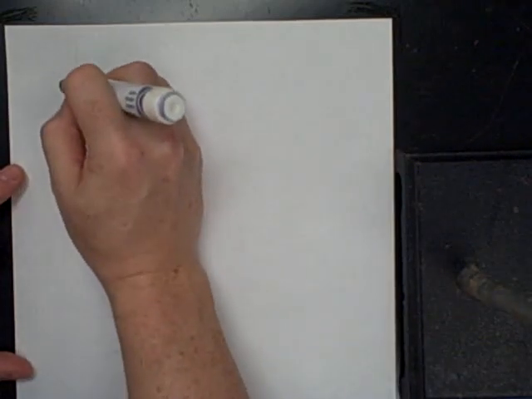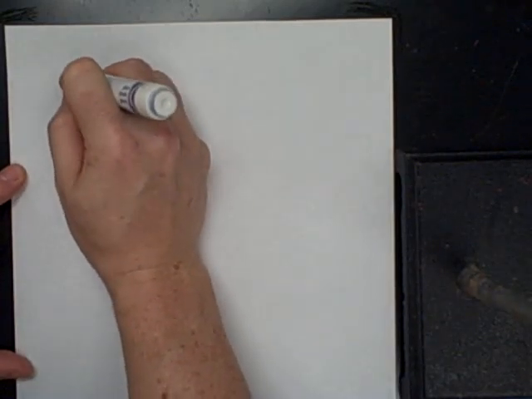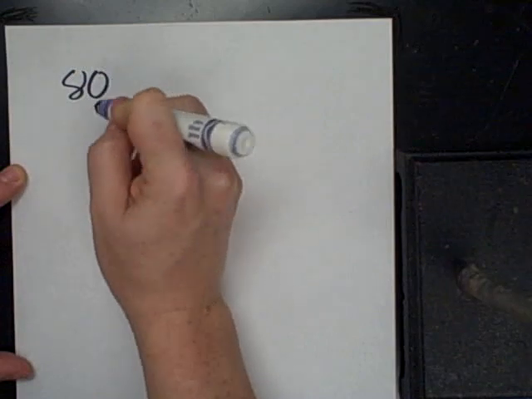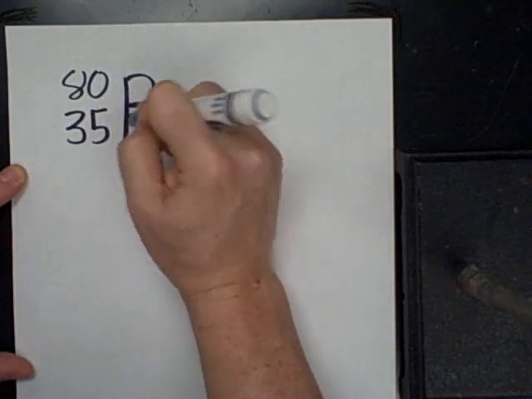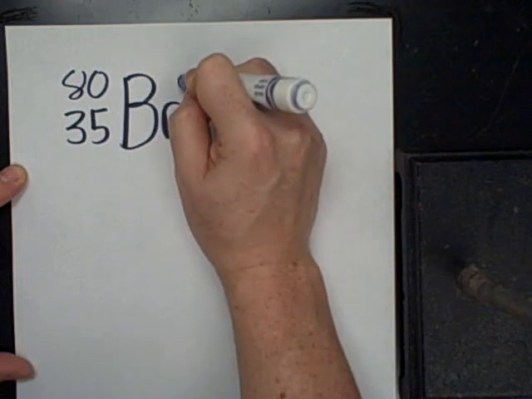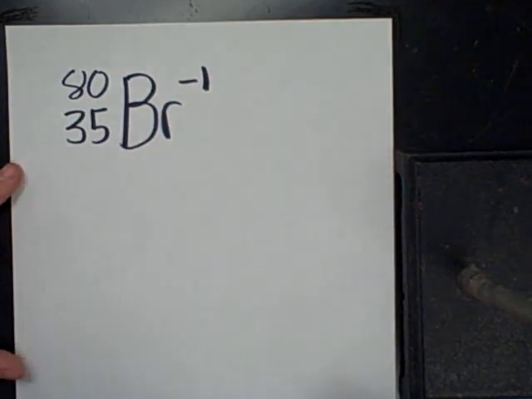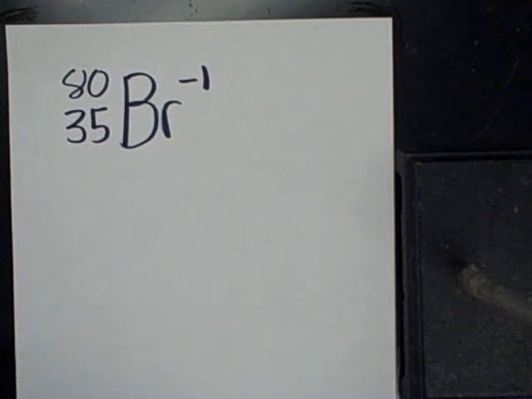Now we'll do another example. Okay, here we have bromine, and this bromine has a mass number of 80, an atomic number of 35, and it is a -1 ion.